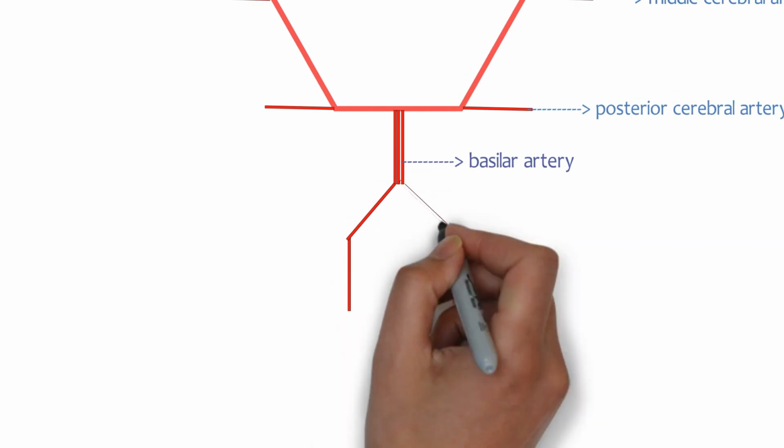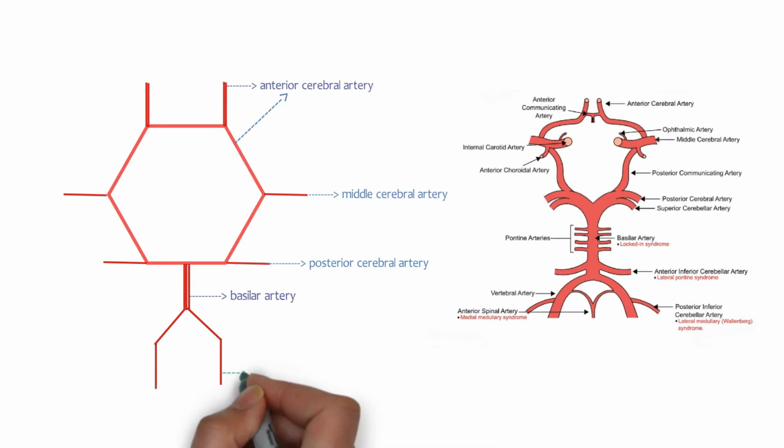I think you are completely absorbed in this video, right? And if you are, then you should have a question regarding where the internal carotid artery is, which supplies about 80% of the blood to the brain.